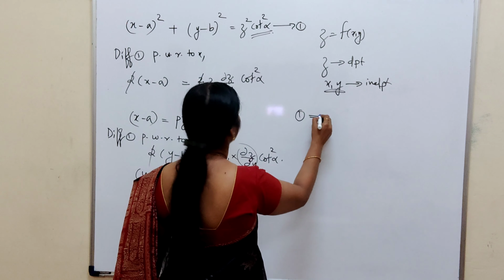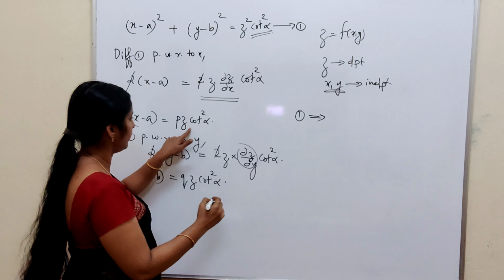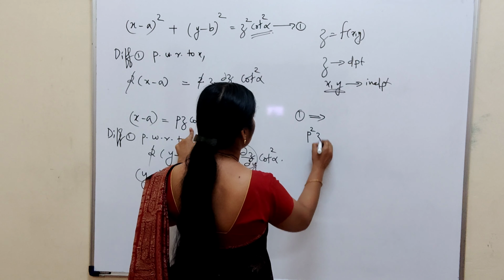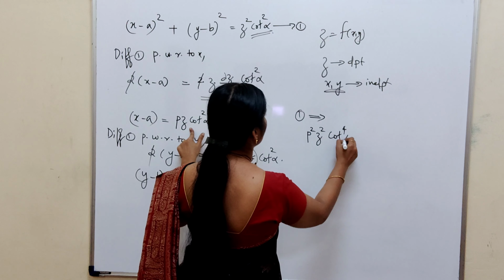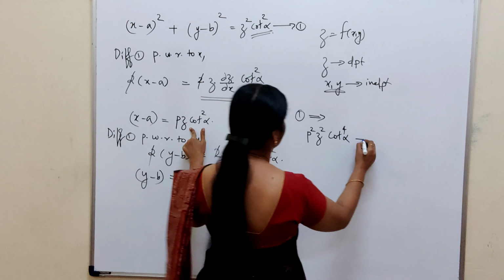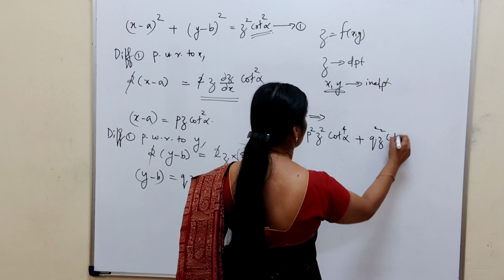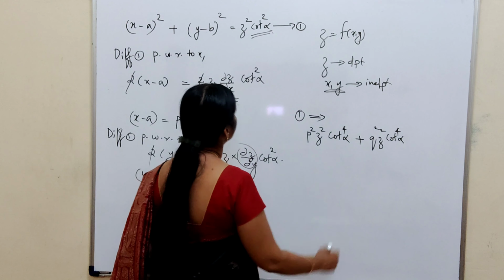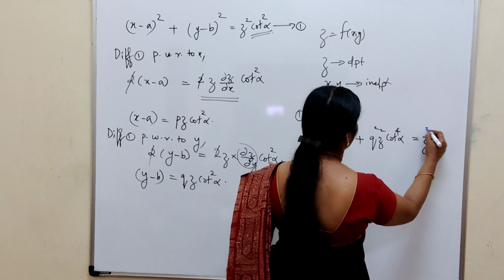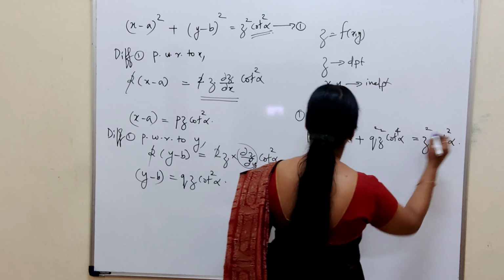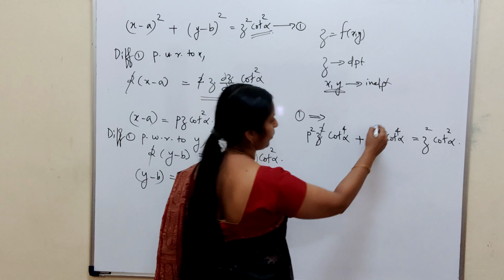So equation number 1 implies, what is x minus a? This much. That is p square z square cot raised to 4 alpha plus q square z square cot raised to 4 alpha is equal to z square cot square alpha. See, you can see z square is common.